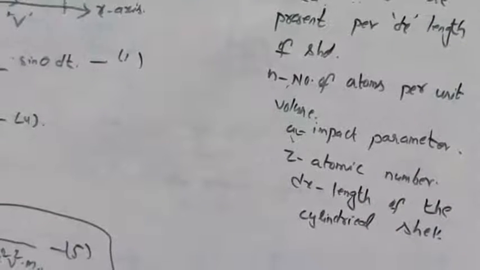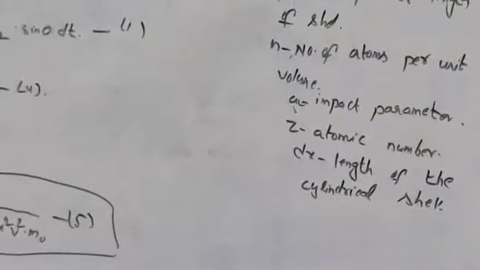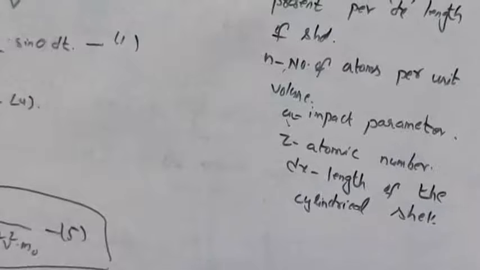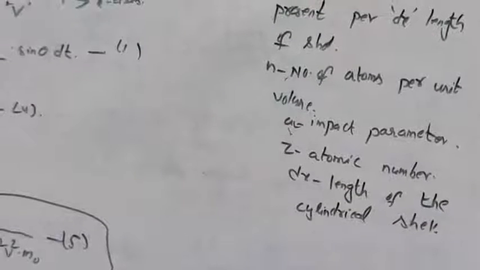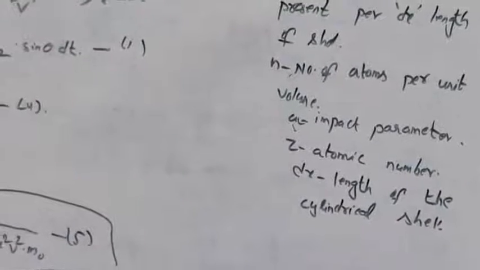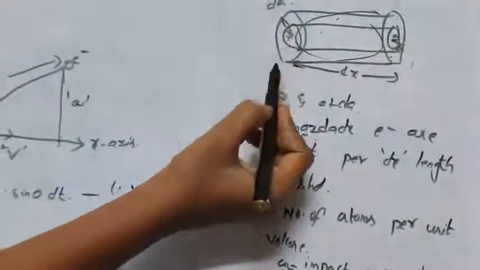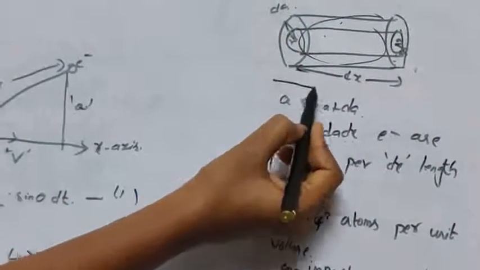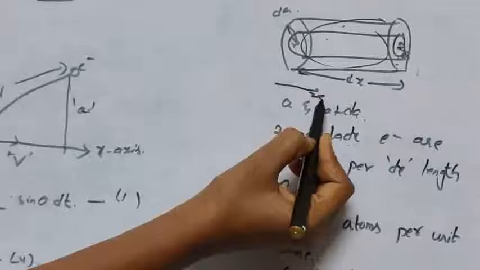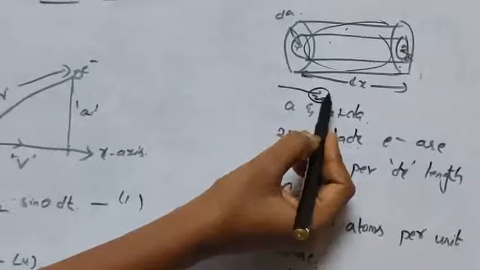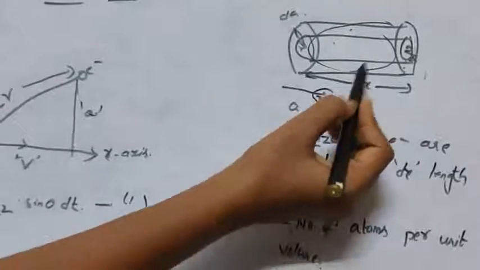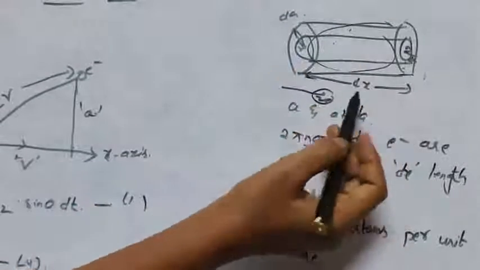Now we are going to consider the energy transferred from the charged particle to a cylindrical shell. As I have said, electrons are present in the shell. While the charge is moving, here Ze is the charge, it is transferring its energy to the electrons.